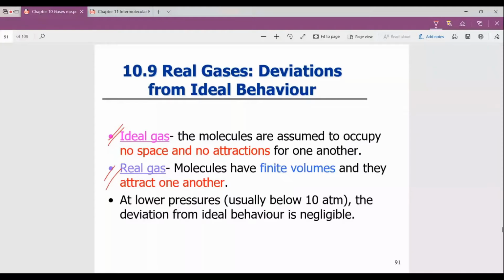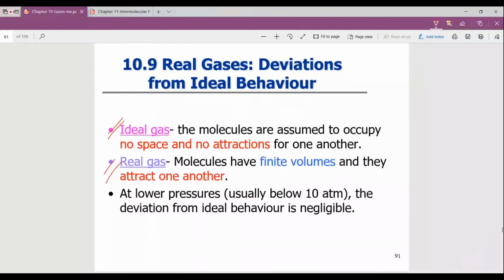real gas. Okay, so the kinetic molecular theory postulates the idea that pressure and volume are well described by the ideal gas law. This is the ideal gas law, which means they obey the postulates of kinetic molecular theory.